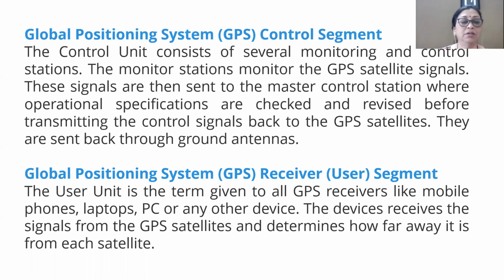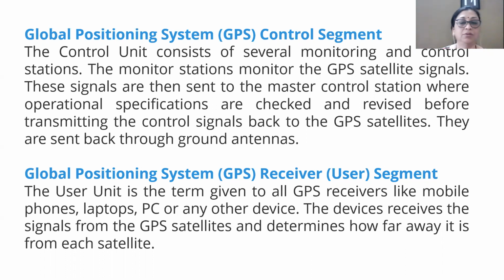Now the third segment, or third component, of your GPS system is the user segment. The user segment is nothing but your GPS receiver that you are using for navigation. It may be present in your mobile phone, laptop, PC, or a separate GPS receiver might be there.